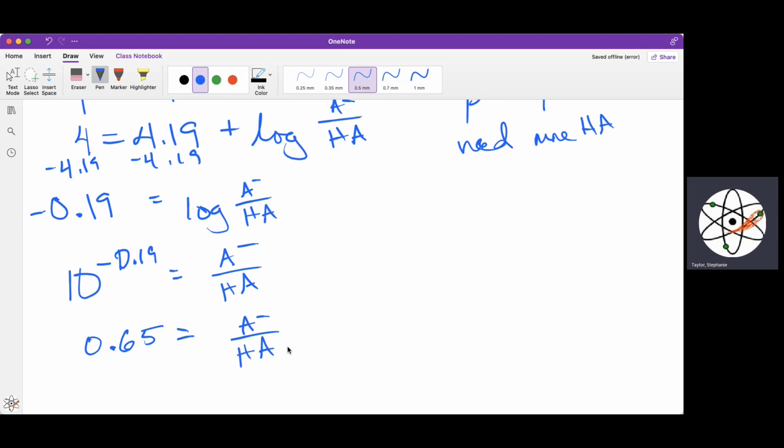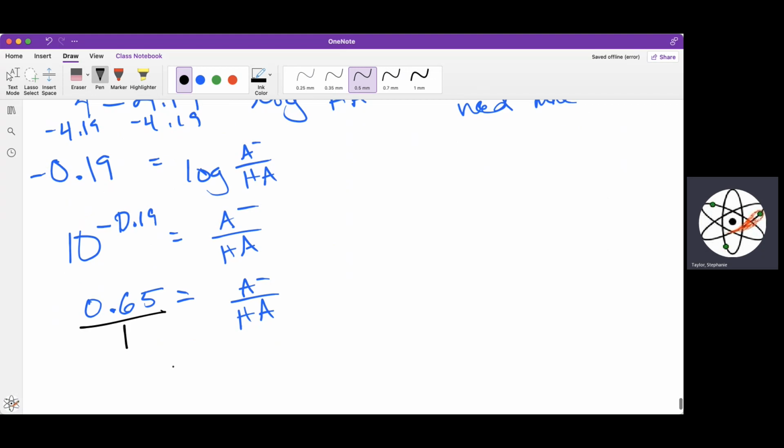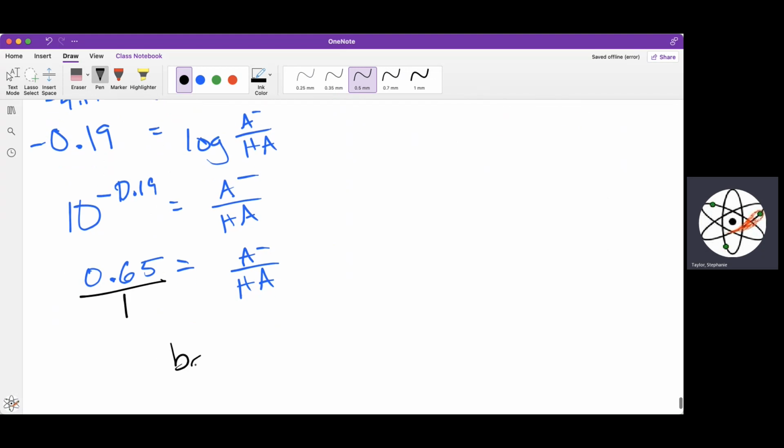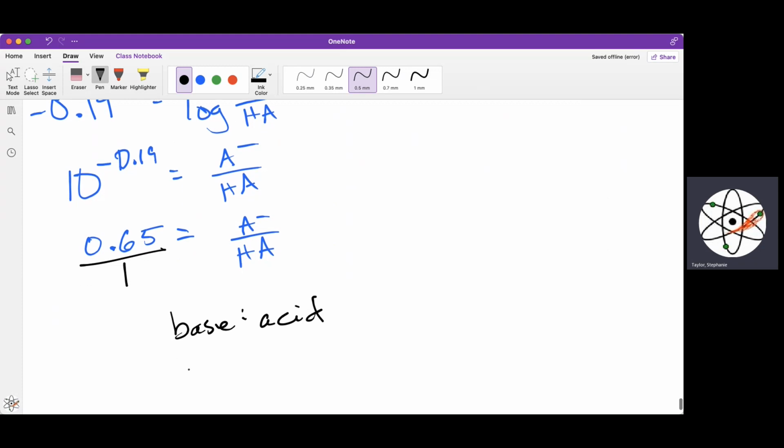So there's my ratio, except that this isn't a ratio because it's only one number. So we're going to employ a tool left over from algebra where anything over 1 is the same number. So here, I can now say that my ratio of base to acid is 0.65 to 1.